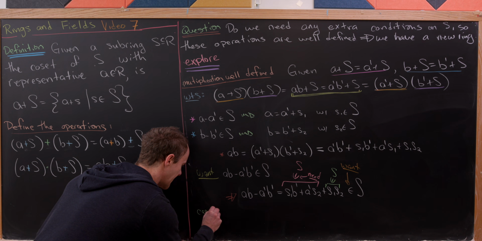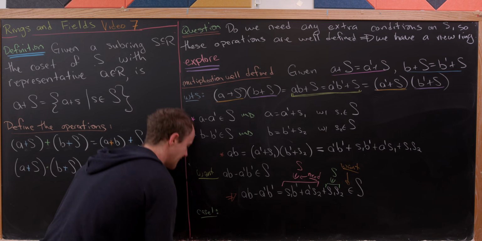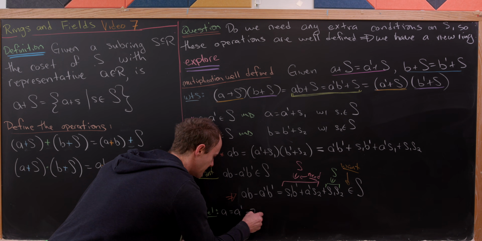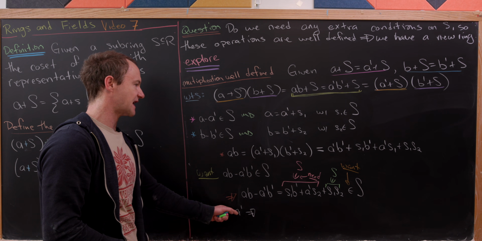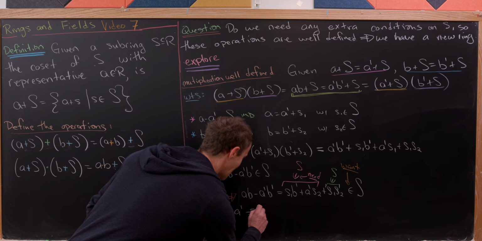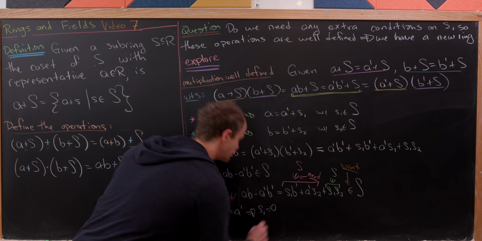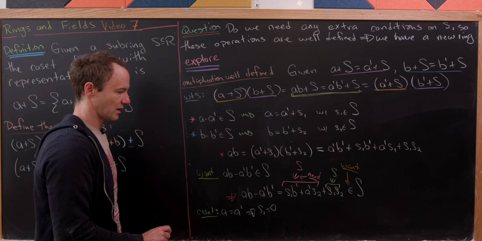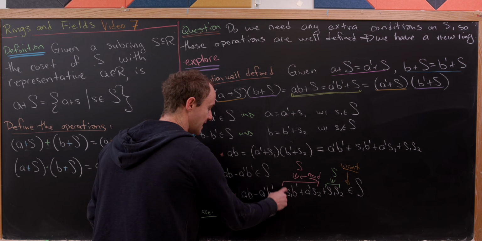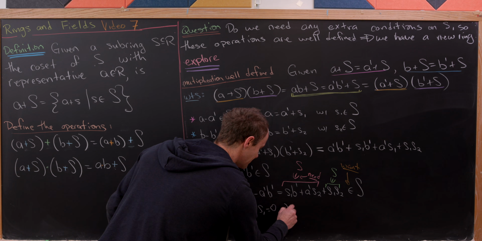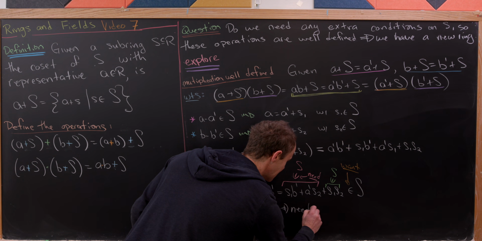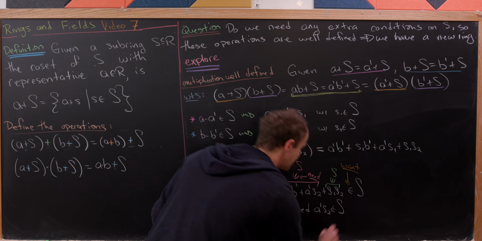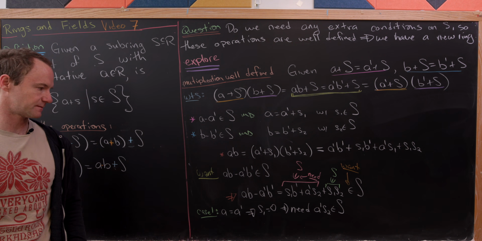So let's look at case number 1, the case when A is equal to A prime. But notice that if A is equal to A prime, then that means that S1 is equal to 0. That's because we have A is equal to A prime plus S1. But then if S1 is equal to 0, then what we need is for A prime times S2 to be an element of S.